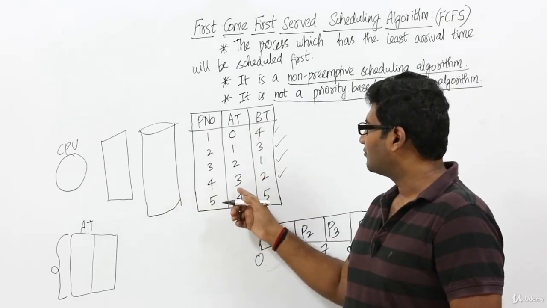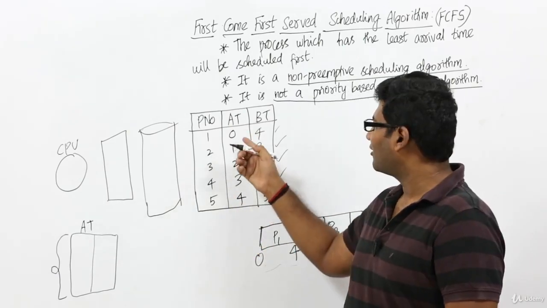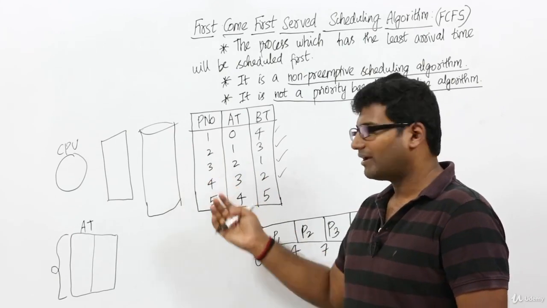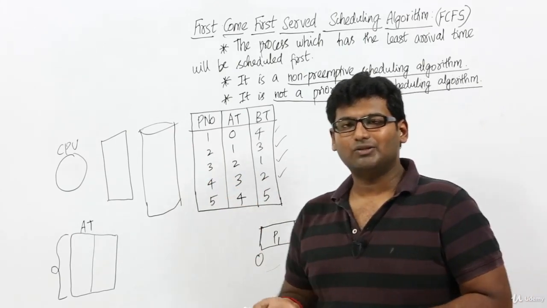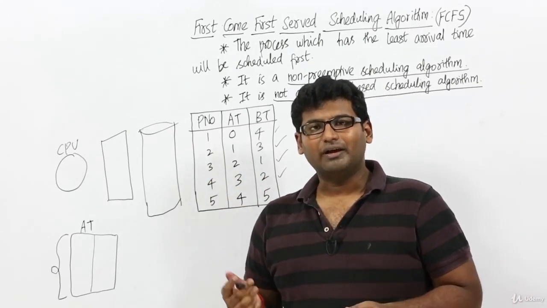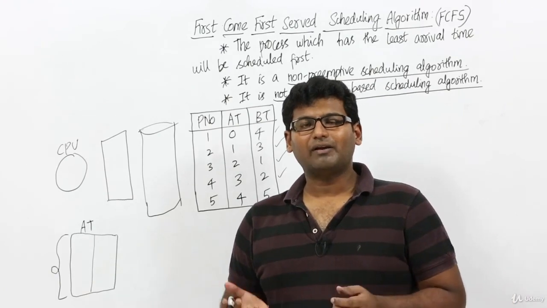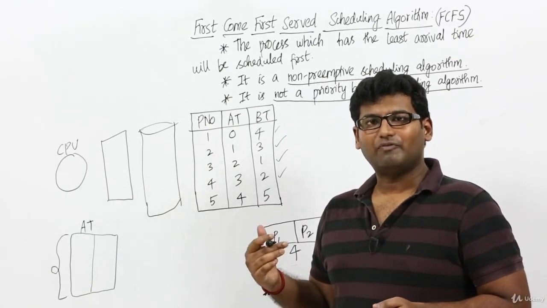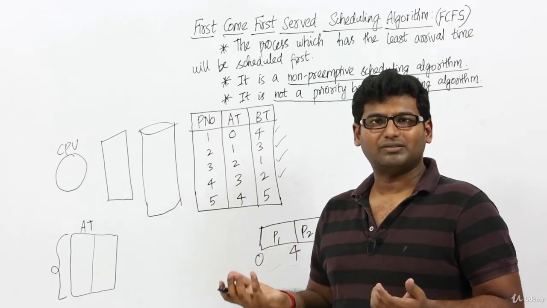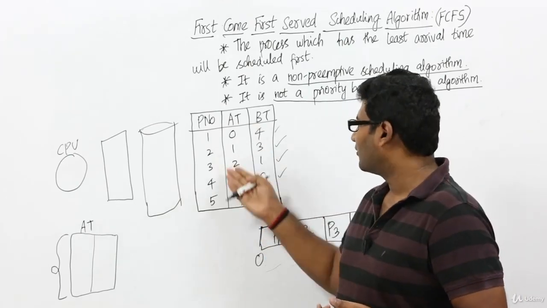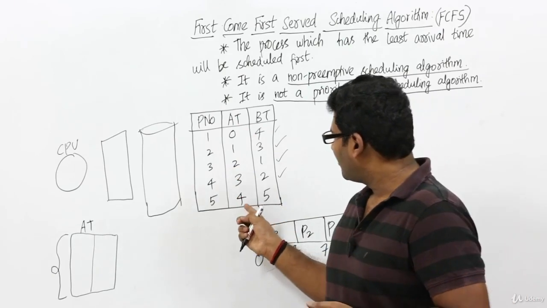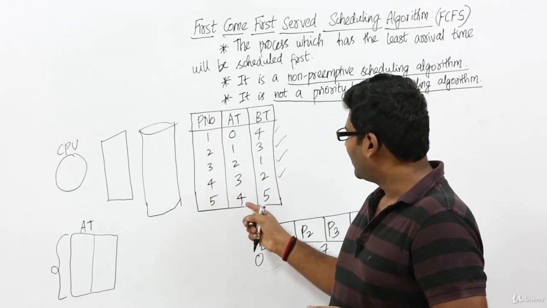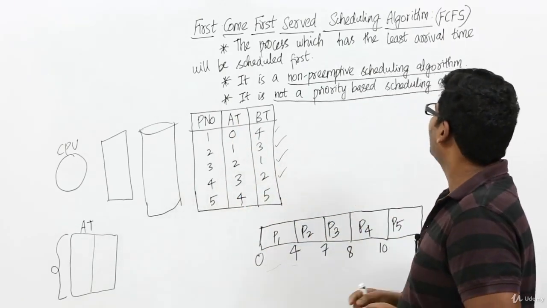Sometimes P1 can arrive first, whereas sometimes P3 can arrive first. It will vary depending on the system environment and the time of execution. So it is not a property of a process, and so it is not a priority based scheduling algorithm.